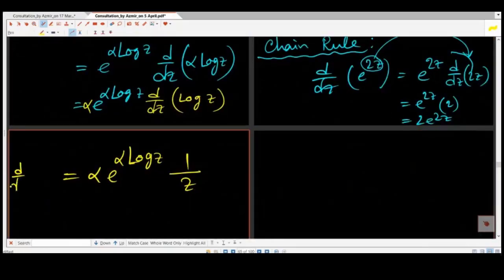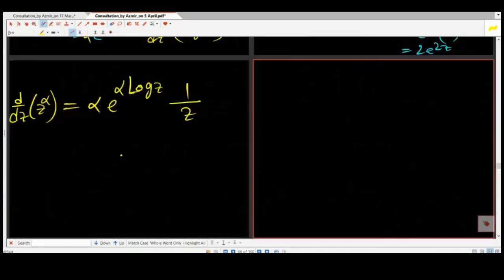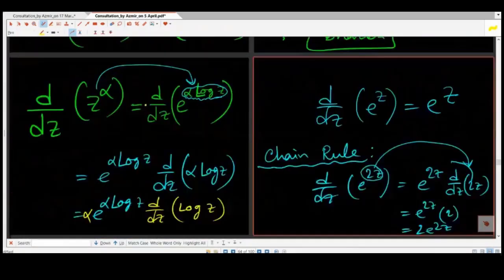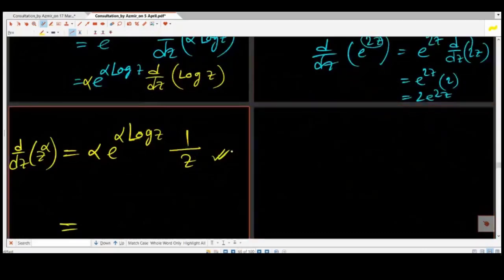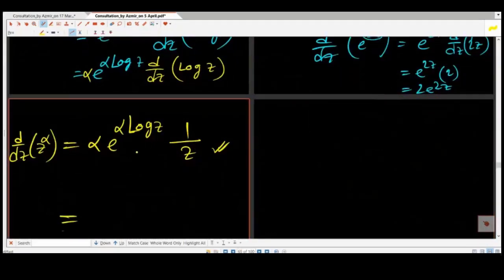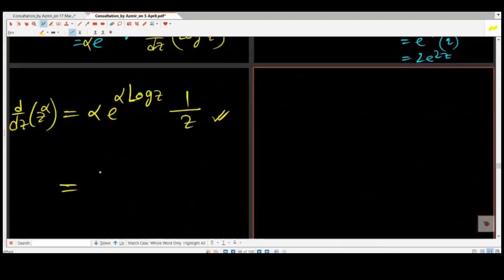So this is d/dz of z to the alpha. That means we can also simplify if we want. Already our differentiation part is over. We can keep our answer here, but we can also simplify if we want.